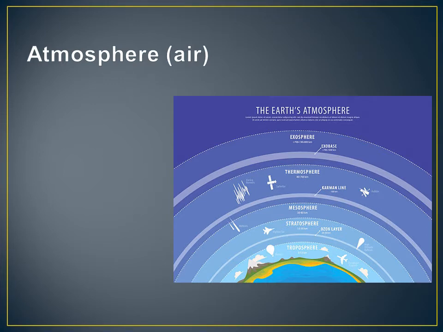So let's hone in on the first one, air. Now, we call it air, but scientifically we call it the atmosphere. Now, the atmosphere is Earth's outermost layer, right? You may not think of it as a layer because we can't really touch it necessarily. We can't really see it necessarily, but it's there, and it is an important layer of the Earth.